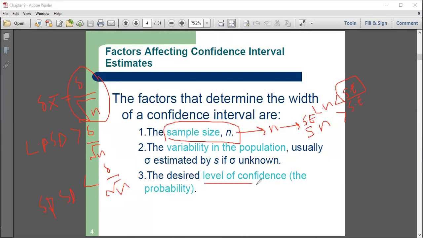The third factor which can affect the confidence interval is the desired level of confidence, or the probability.